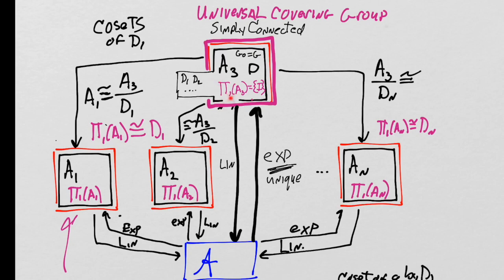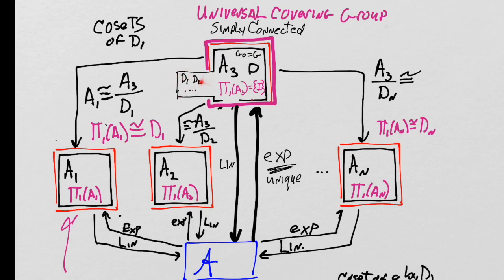And the reason I say that is the fundamental group really is this group of paths homotopic to the identity. So that is isomorphic to the group that just has the identity element for a simply connected space.